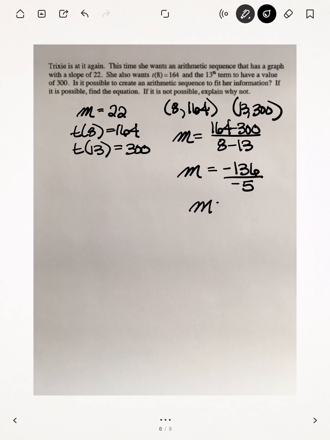So therefore our slope would be, if I do that on my calculator, 27.2. That is not 22. So is it possible to have a slope of 22 when it goes through these 2 points? And the answer would be no. So it is not possible.